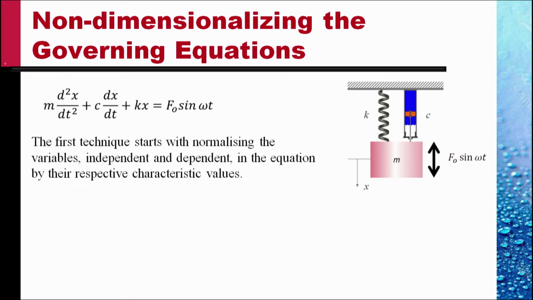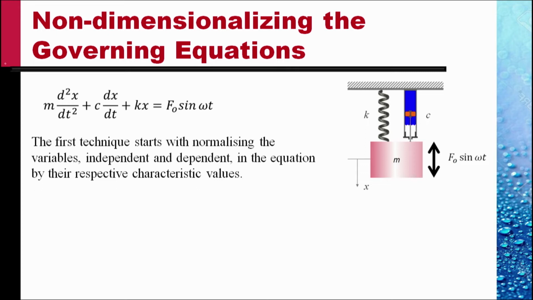The first technique starts with normalizing the variables. There are two variables, x and t, dependent and independent. To normalize is to make them of order unity, make them of order 1. How do you do that?